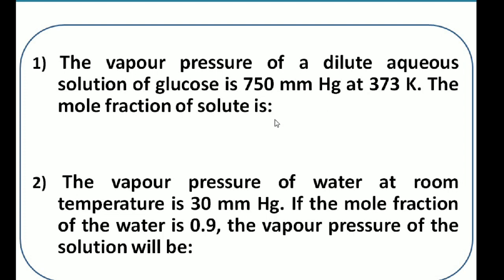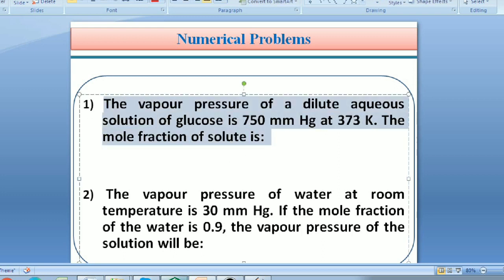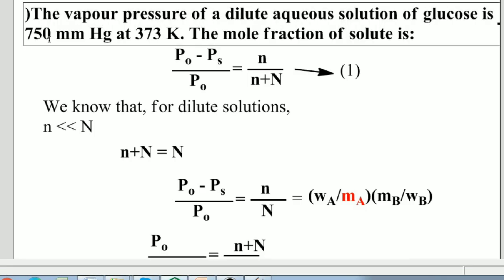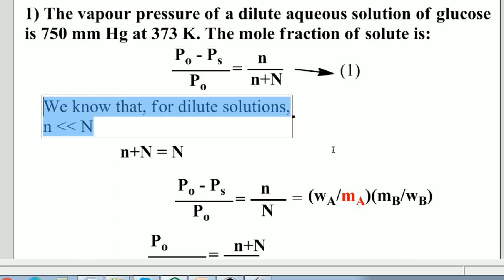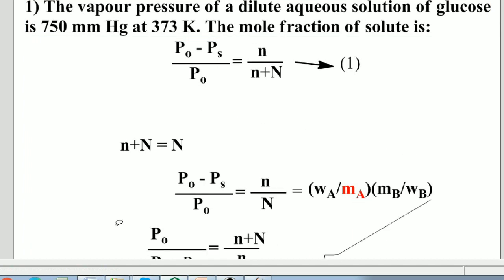So first we can write the given problem. The given problem is: the vapor pressure of a dilute aqueous solution of glucose is 750 mm of Hg at 373 Kelvin.